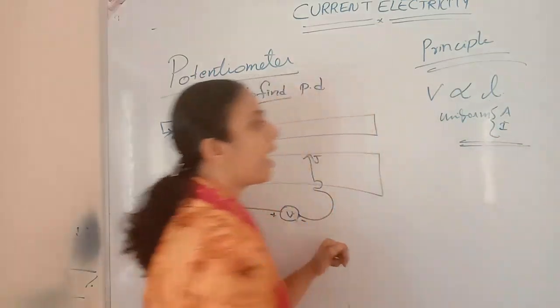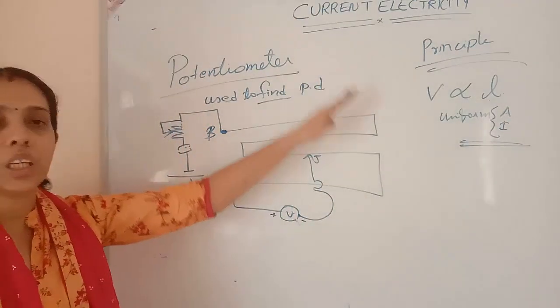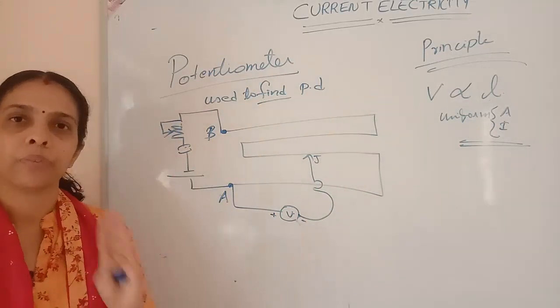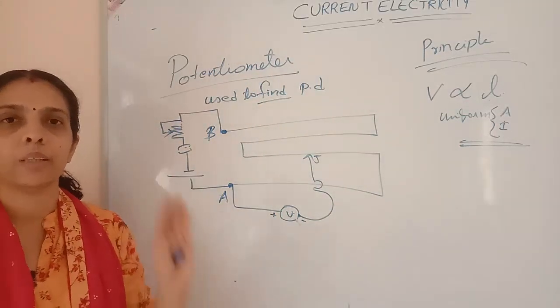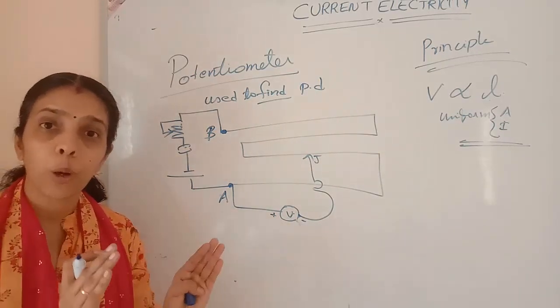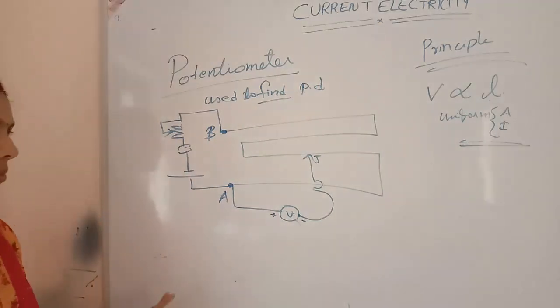Okay, current and area of cross section of the wire should be the same. So V is proportional to the length of the wire. That is the principle behind the potentiometer. Potential drop across the 2 points is directly proportional to the length of the potentiometer wire.